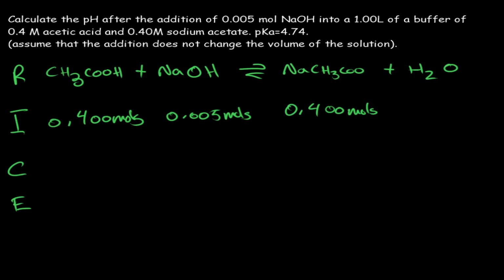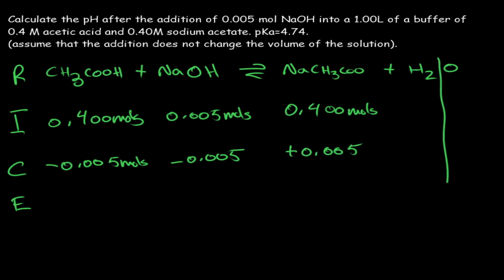Next, it's C, which stands for change. So what will happen? We're going to react with NaOH, and we're going to lose all of the NaOH in our flask since it's a strong base and fully dissociates, and that will all react with the acetic acid. So we're going to lose 0.005 moles of both NaOH and acetic acid, and we would be gaining that on our right-hand side.